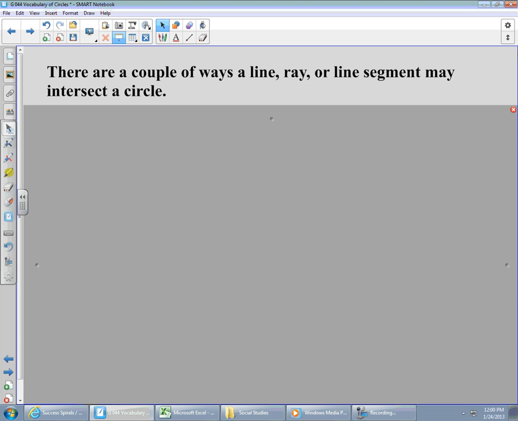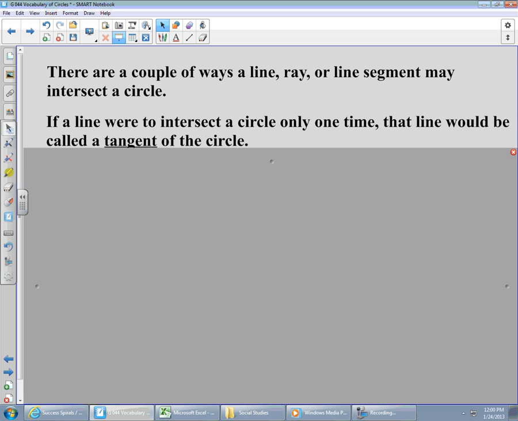Depending on how they intersect a circle is going to change what type of vocabulary we call them. So pay special attention in this part. The first one we're going to look at is an instance where a line or a ray or a line segment are going to hit our circle, but they only hit it once.